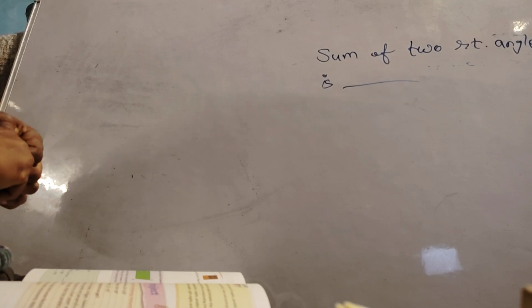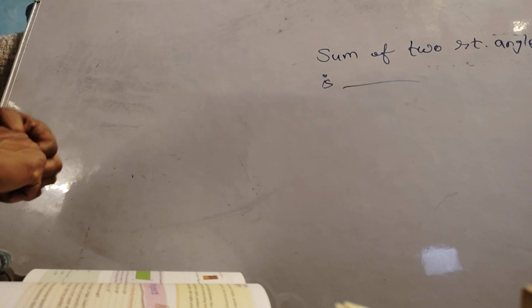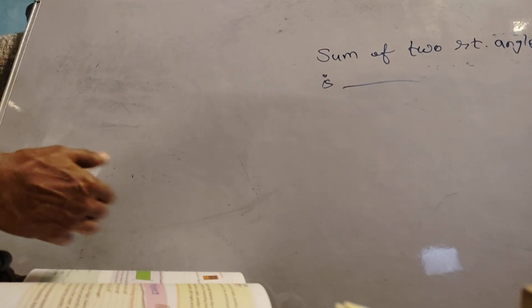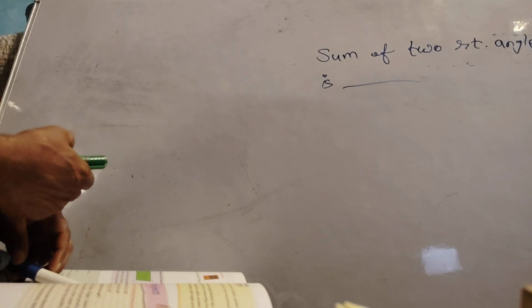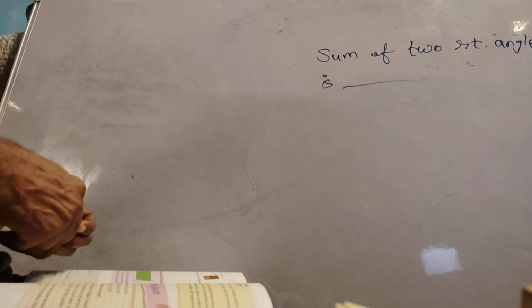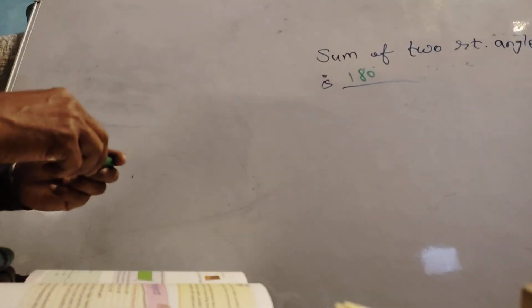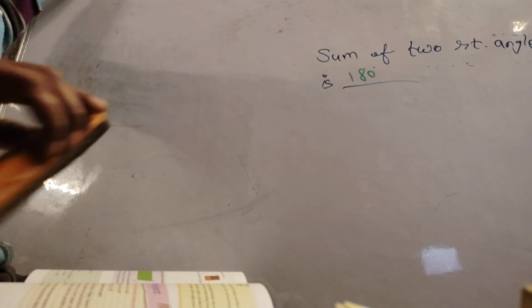What is the sum of two right angles? In degrees, 180 degrees. Yes, correct: 90 plus 90 is 180 degrees. It basically becomes a straight line, so this is also called a straight angle.